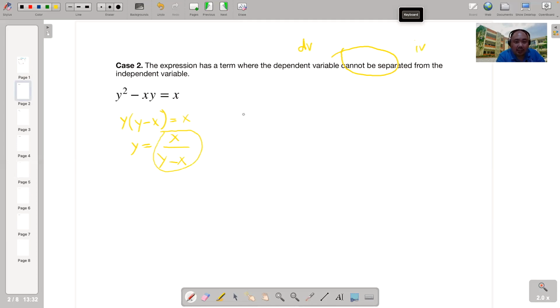Let's take a look at another way of rewriting this, sir. What if you did this? y squared is equal to x plus xy, and then you have y squared is equal to x times (1 plus y). So you have y is equal to the square root of x times (1 plus y).